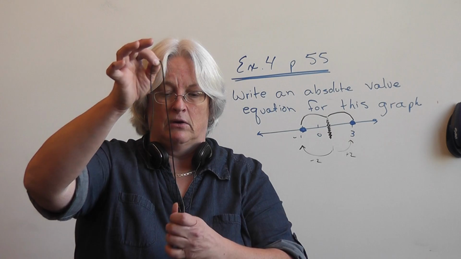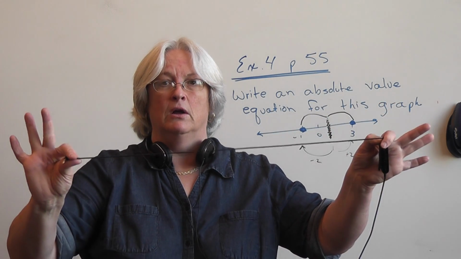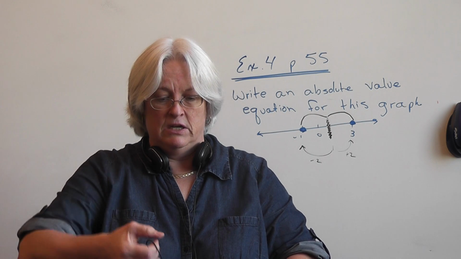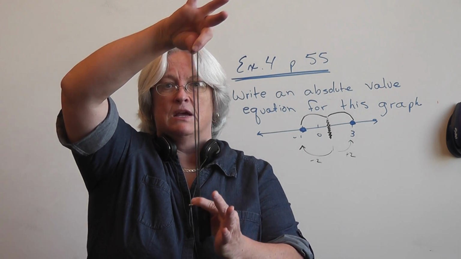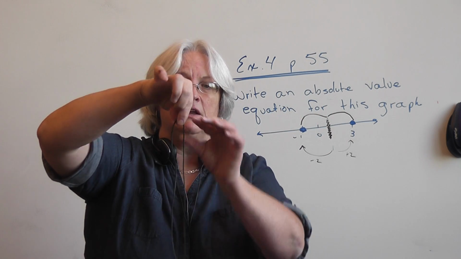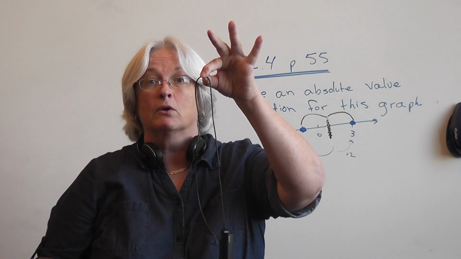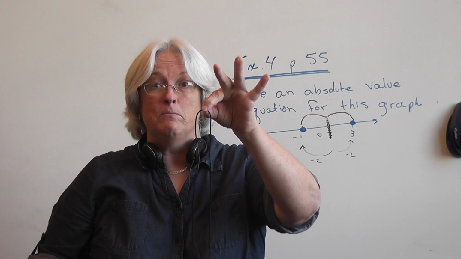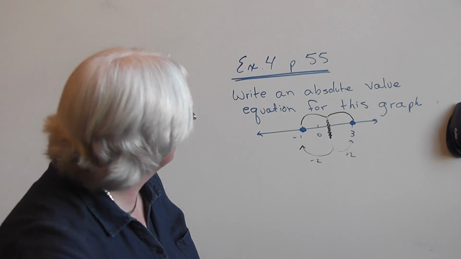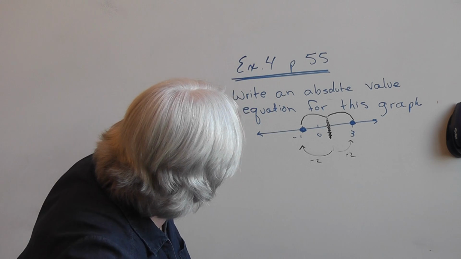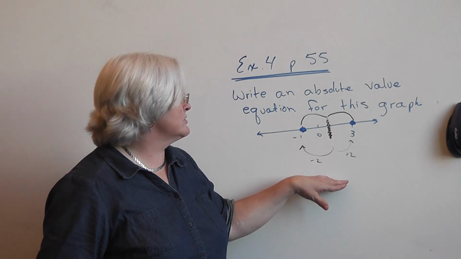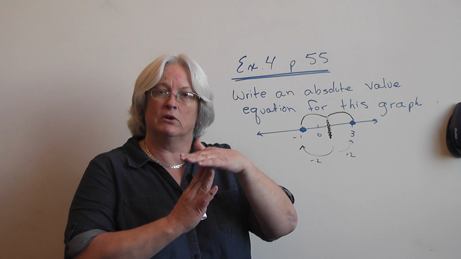Well, what have I done here? This was my cord that I began with. And to make the distance be the same, this is in half, isn't it? This point right here, where I'm holding the cord, that's the midpoint. So what we're doing with these equations then is, when we write an absolute value equation for this graph, we have to create our own 0.